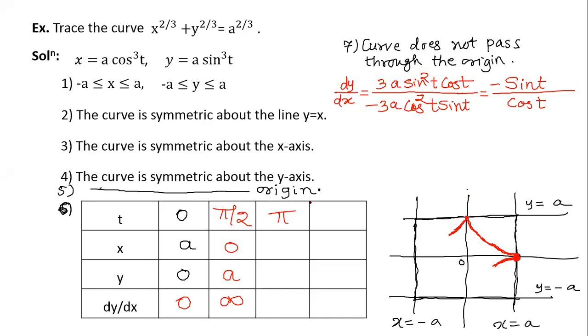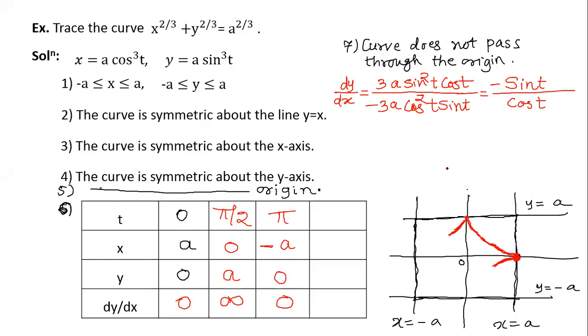Let us go for t equal to pi, cos pi is -1, so x will be minus a, and y is a sine cube pi, sine pi is 0, so y is 0. Let us find dy by dx also. Dy by dx is minus sine of pi, 0, upon cos of pi, -1, so dy by dx is equal to 0.